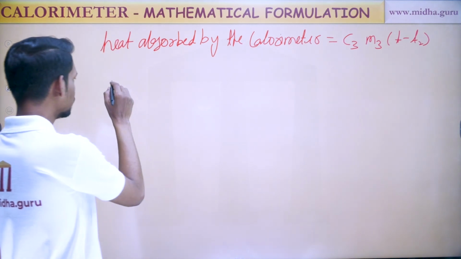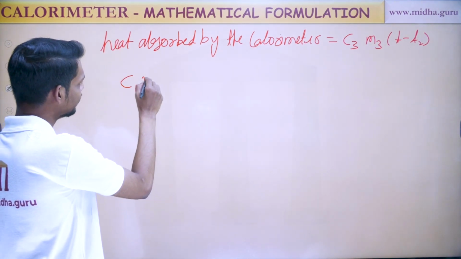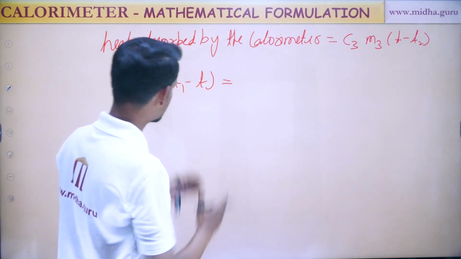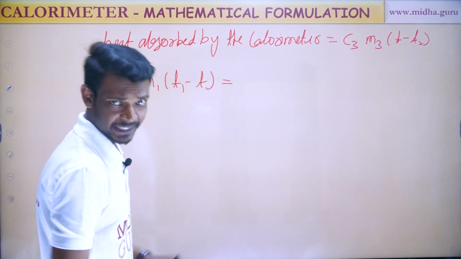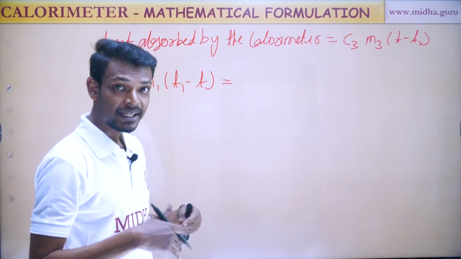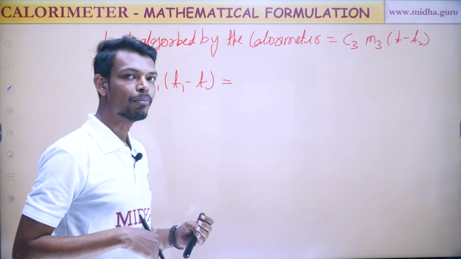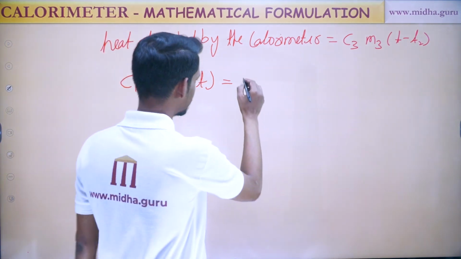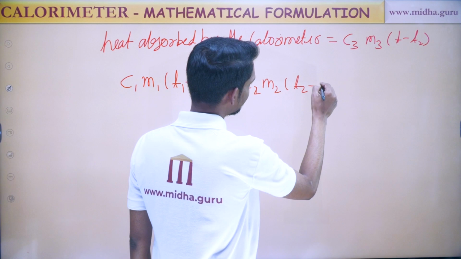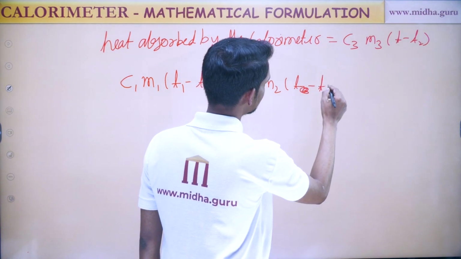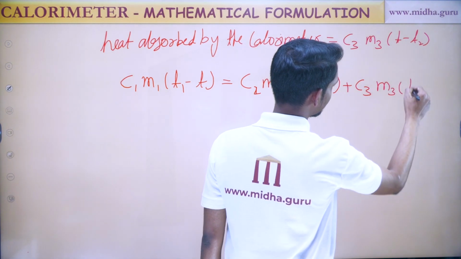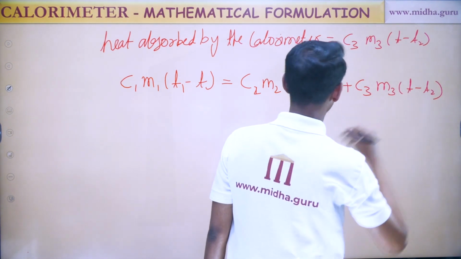So I can say now that C1 M1 (T1 minus T), the total heat energy lost by liquid A, should be equal to the heat energy absorbed by liquid B plus the heat energy absorbed by the calorimeter. So it will be C2 M2 (T minus T2) plus C3 M3 (T minus T2).